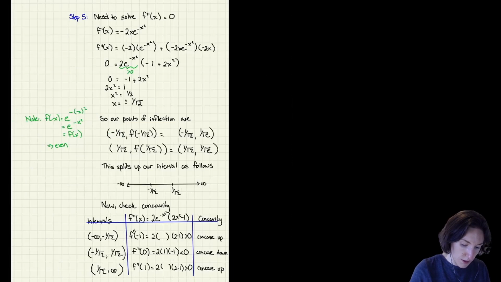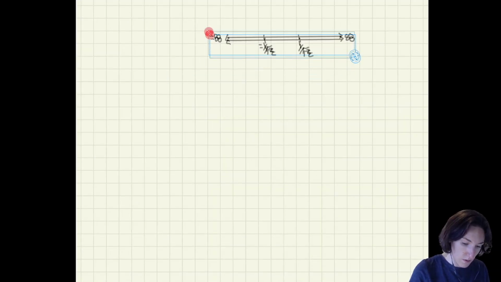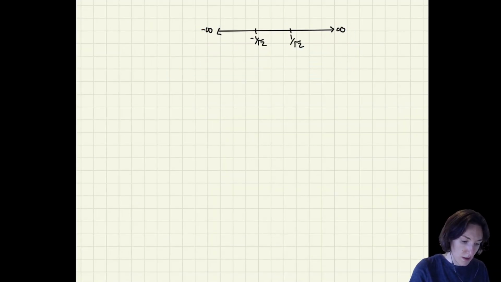So if you want to do the justification as follows, let me flip pages here for a sec. We had up, down, up. So we had happy, happy, sad, happy.